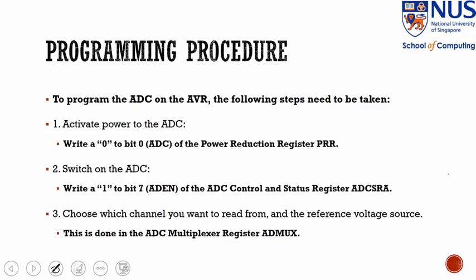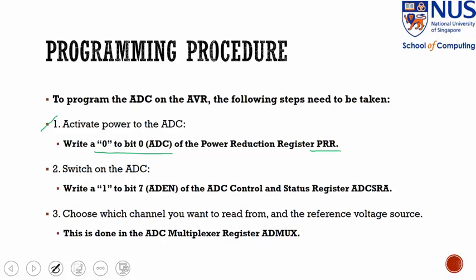So the sequence starts off with activating power to the ADC module. And to do that, I need to write a 0. So I repeat again, I need to write a 0 to bit 0 of the power reduction register. What does this tell us? It tells us that by default, the ADC module isn't powered up, which makes sense because our microcontroller has a lot of peripheral modules, ADC, serial interface, plus timers and whatever.